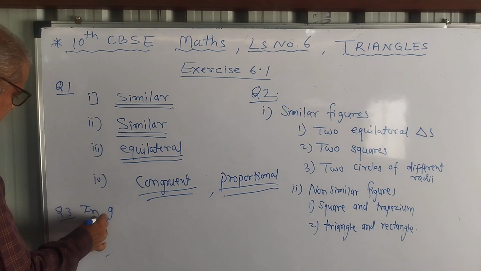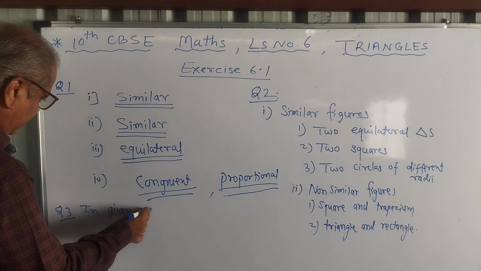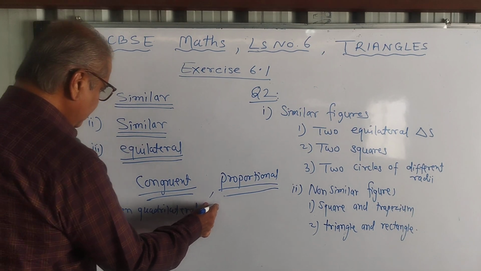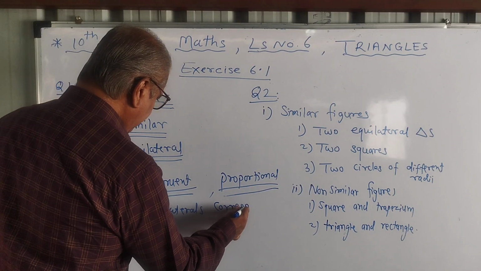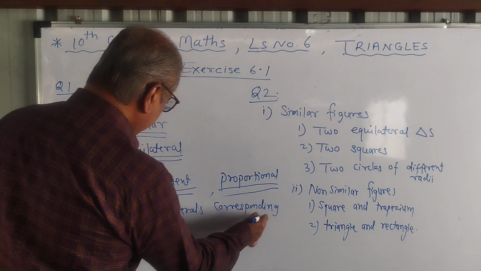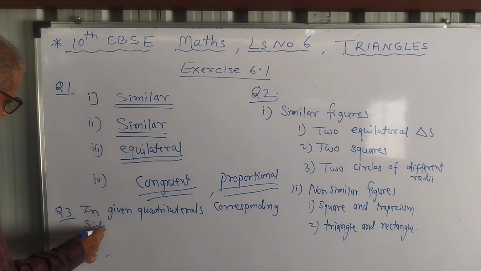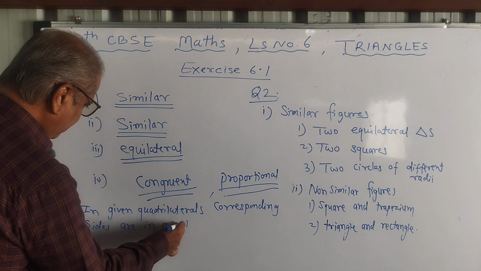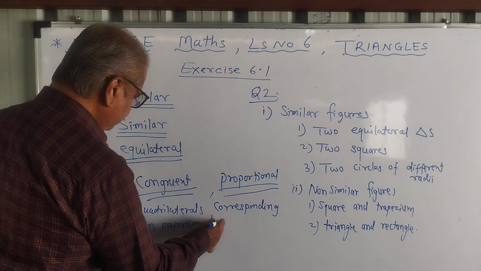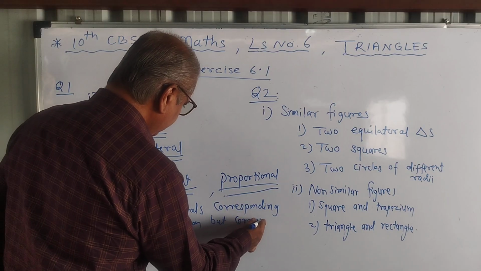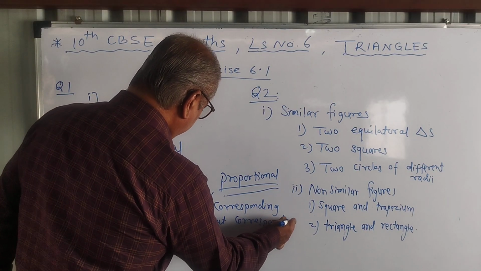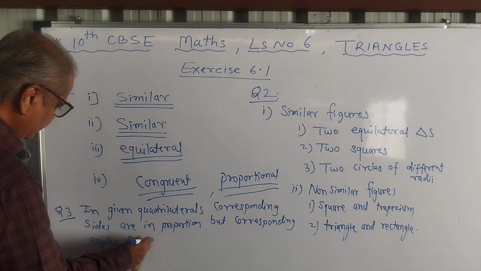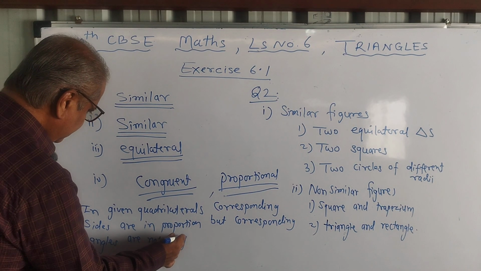In given quadrilaterals, corresponding sides are in proportion, but corresponding angles are not congruent.